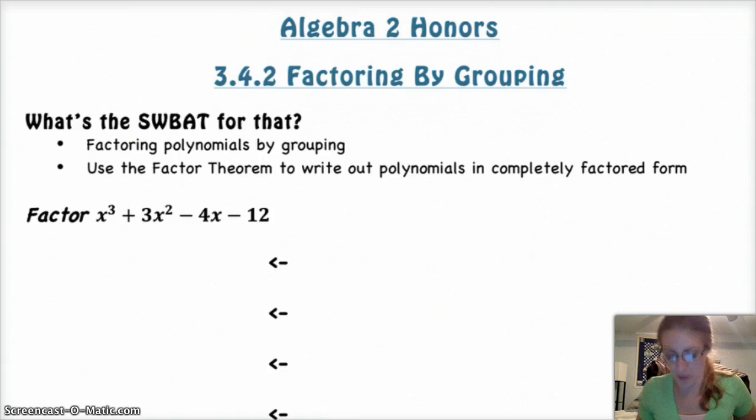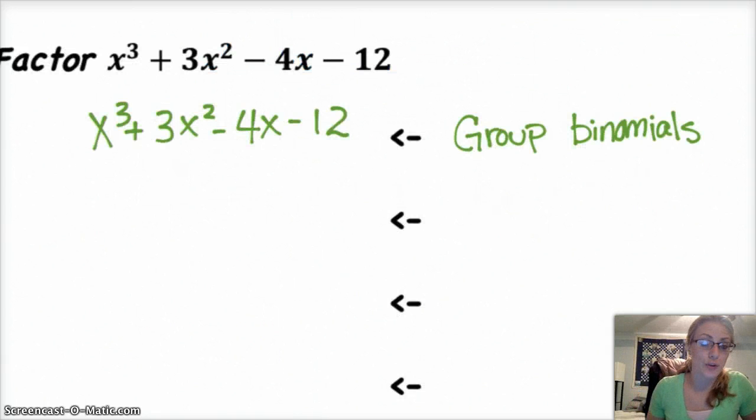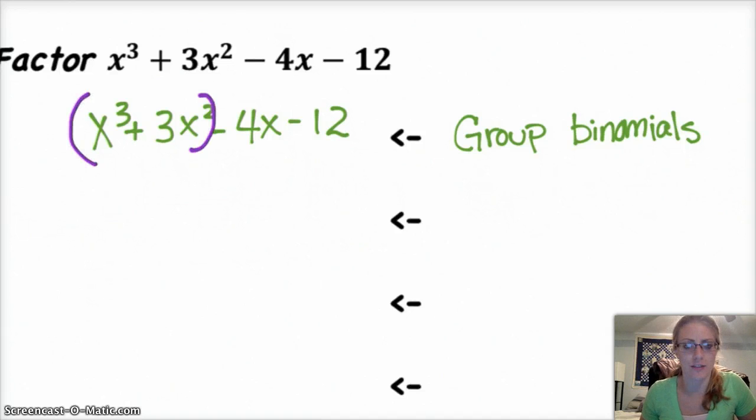Step number 1, you want to group terms. You want to group binomials. In order to group this, you want to be careful with negatives. So I'm going to group the first two terms, because that's fine, but the next two terms both have negatives. If I group it like this, I've effectively changed the function, because now I'm supposed to distribute that negative, so it would be a minus 4x plus 12.